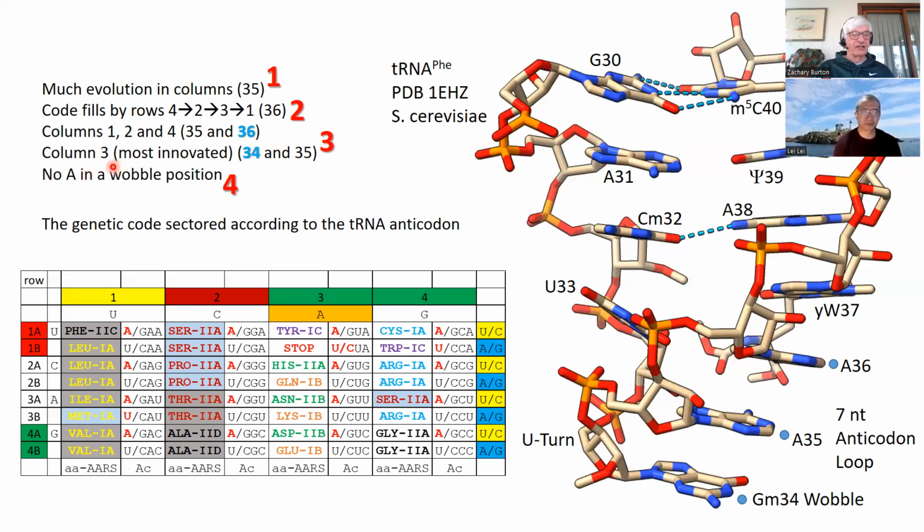Column 3 primarily sectored on A and B rows, and that relates to the wobble position. So here and there, that's the A and B rows. So this is a B row, B row, B row, that's an A row, A row, an A row. Asp and Asn are related, Glu and Gln are related.